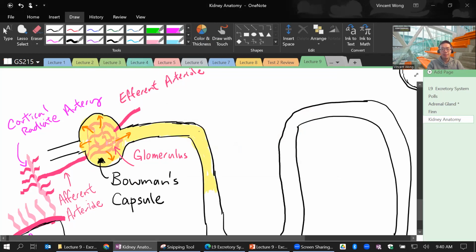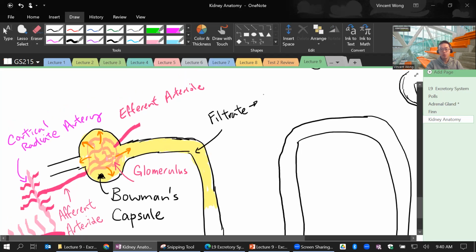And this liquid that's inside, that yellowish liquid, that's called the filtrate. Filtrate. Okay, and whatever's in the filtrate will eventually become urine. Okay, because you filter out the blood and then you create the filtrate.